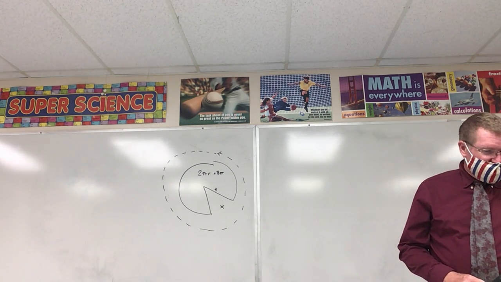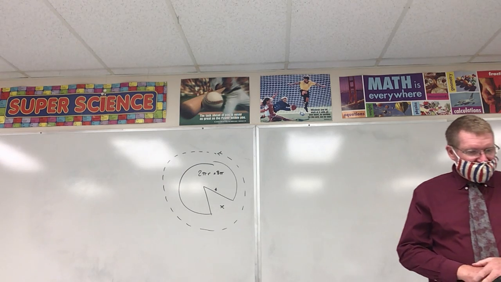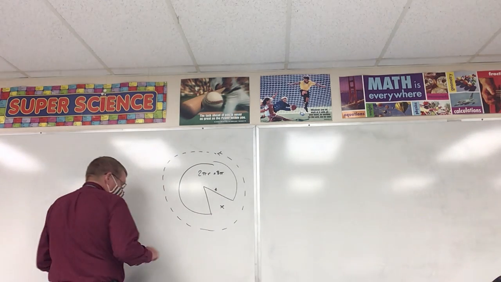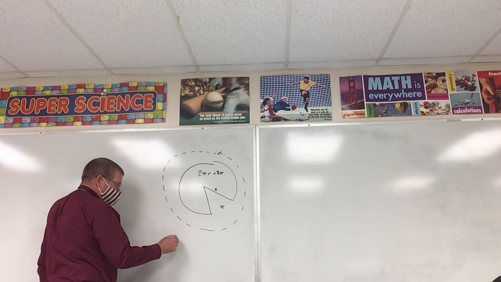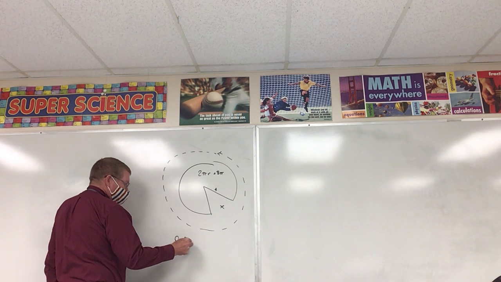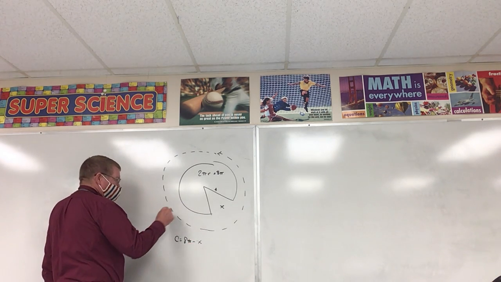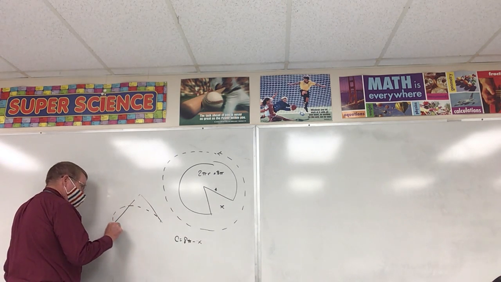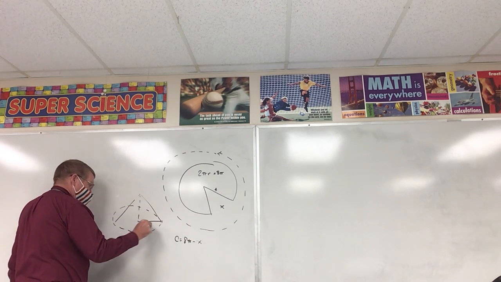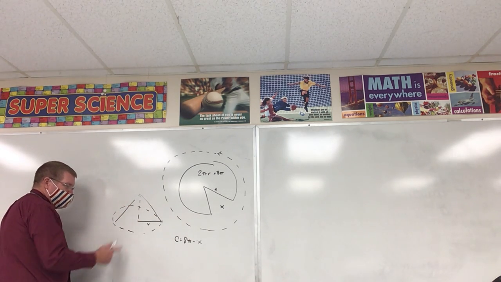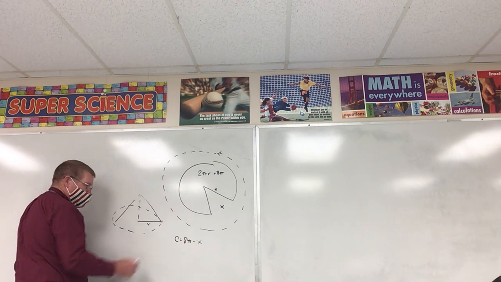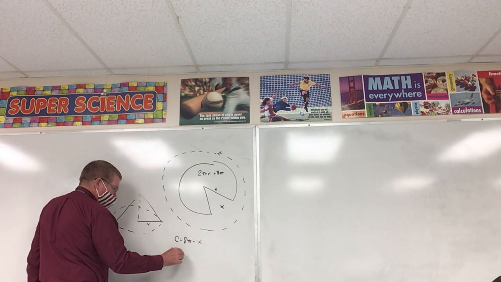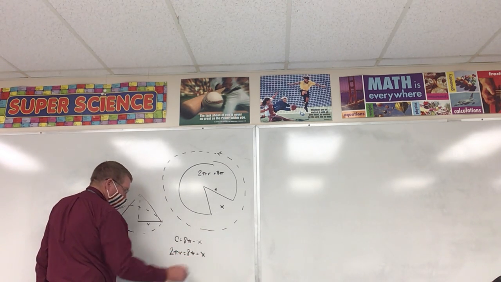Express the radius as a function of x. All right, so if my circumference is 8 pi minus x, and if we look at my cone here, the radius of the base is r, so how do I find circumference? 2 pi r equals 8 pi minus x.